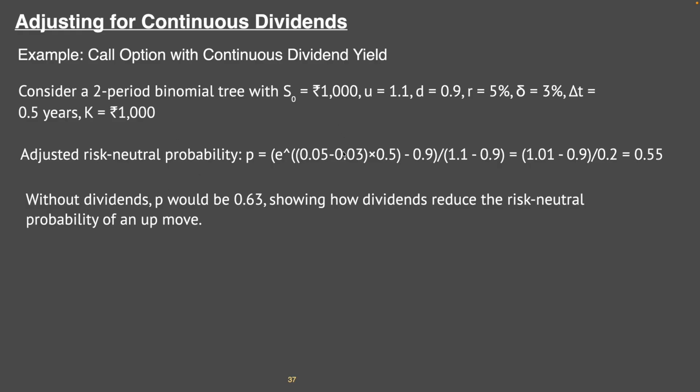Why 0.5? Because delta t we have to take into consideration, that is 0.5. If we remove this 0.03, that is the dividend component, then the probability will be 0.63 as we calculated in our previous slide. Now the probability is 0.55.